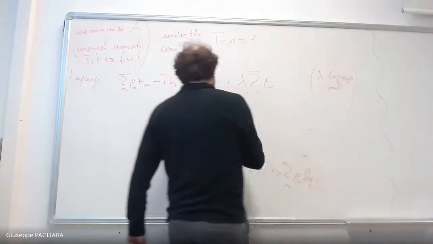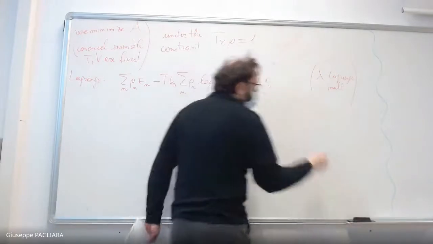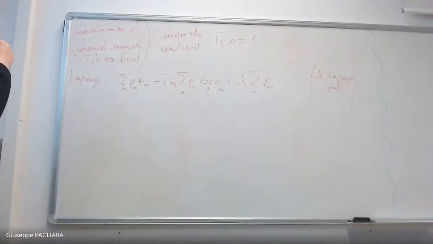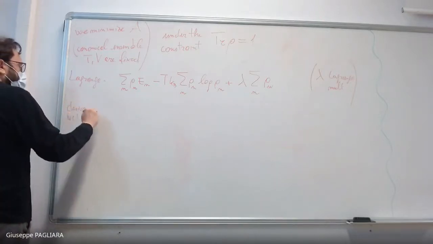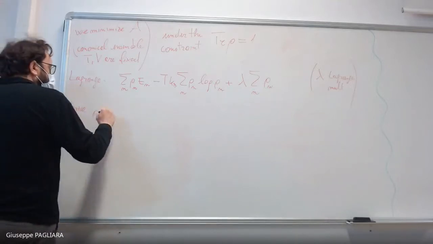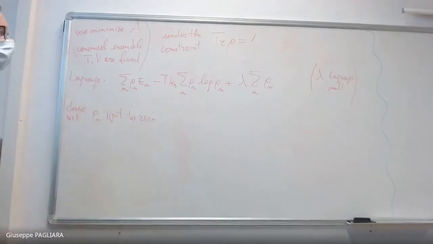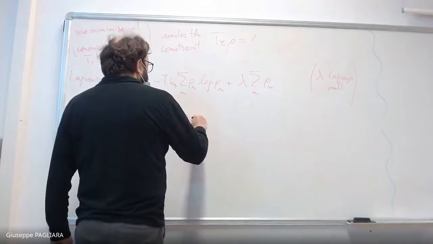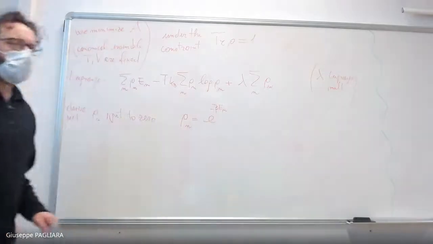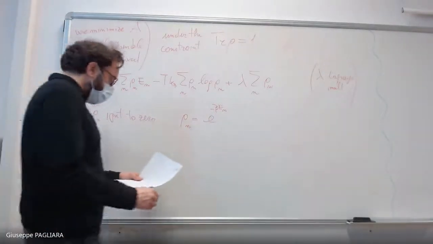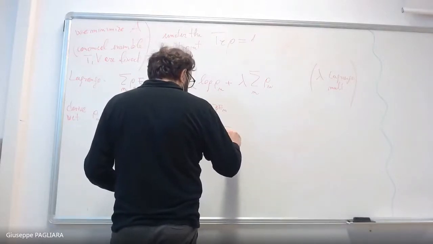Okay, the calculation is very easy, and we have done this in other contexts. So I will not repeat the calculations, basically the usual ones. So derive with respect to rho n and set it to 0, and you will discover that rho n is indeed equal to e to the minus beta E_n, correctly normalized, so this should be divided by the sum over n of e to the minus beta E_n.